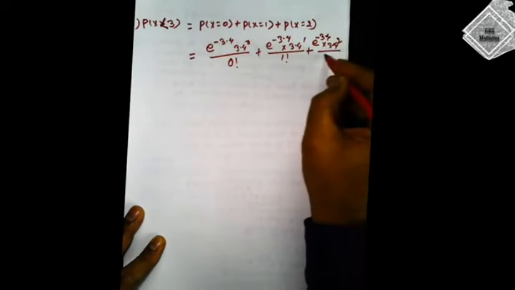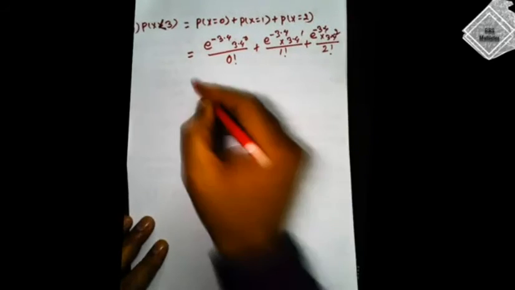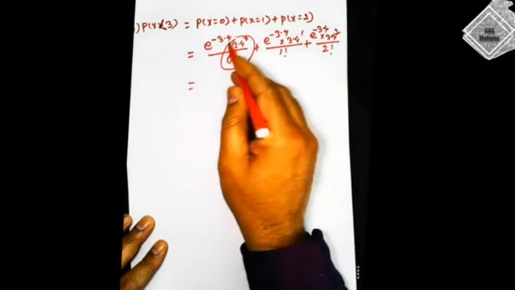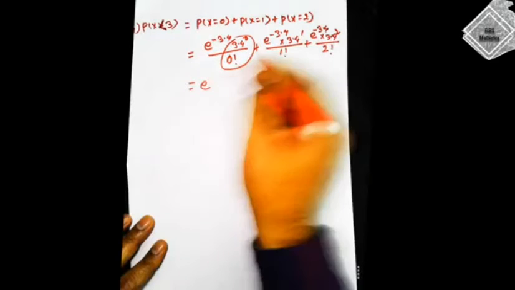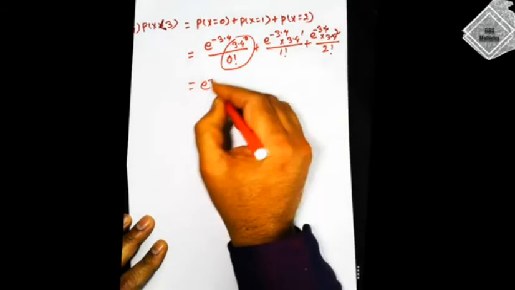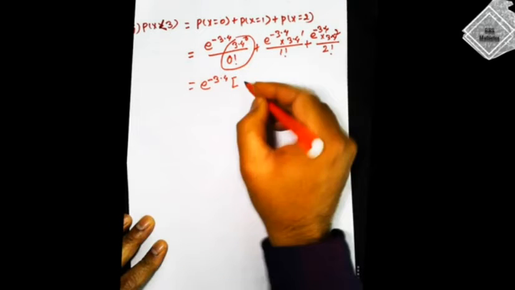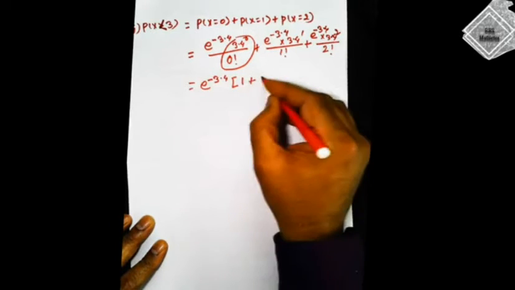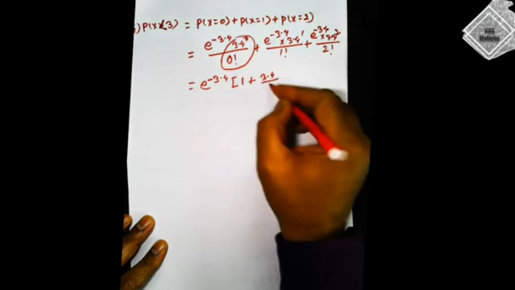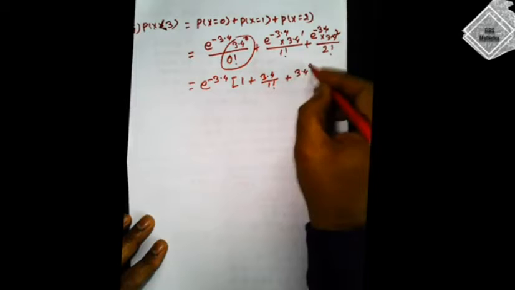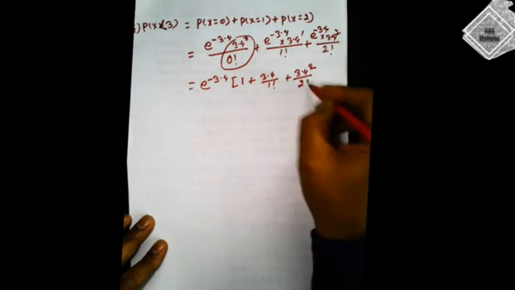You know that 0 factorial is going to be 1, and e to the power negative 3.4 is common to each term, so you can take it out from all these terms. So it is e to the power negative 3.4 times the bracket, inside which you are left with 1 plus 3.4 over 1 factorial plus 3.4 squared over 2 factorial.